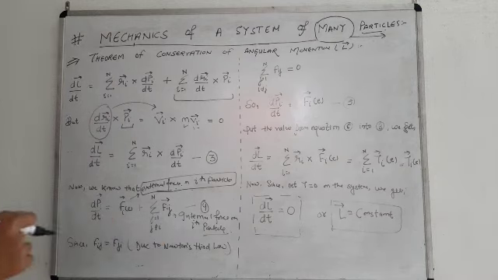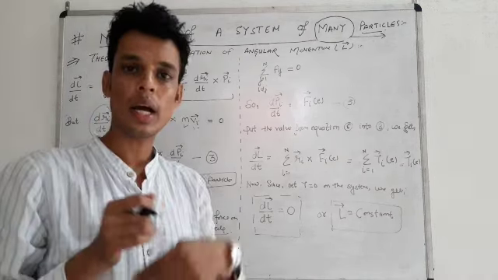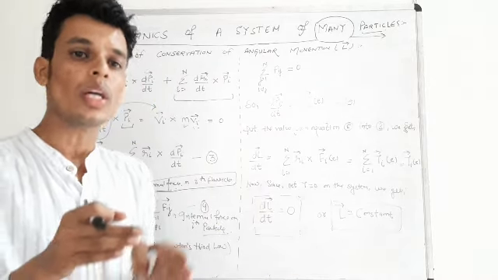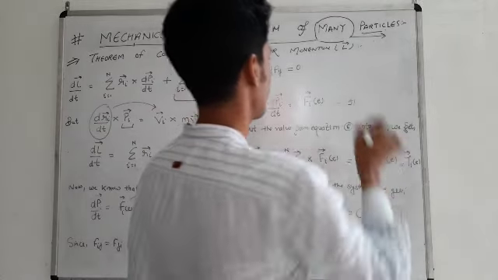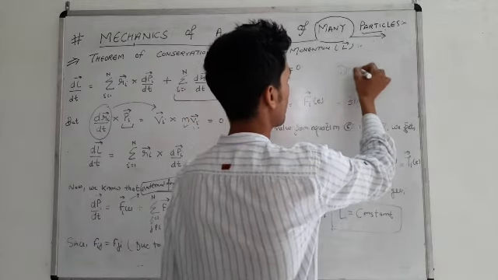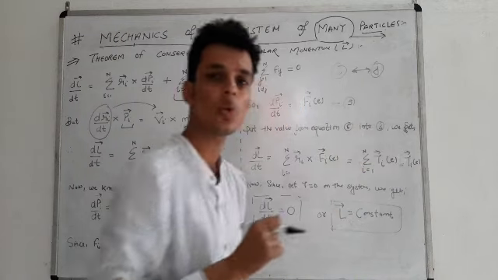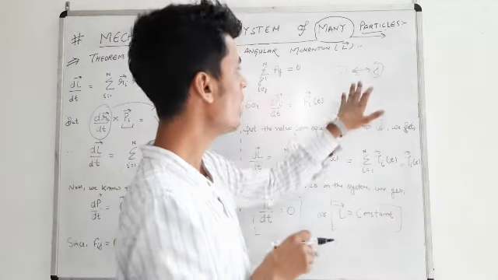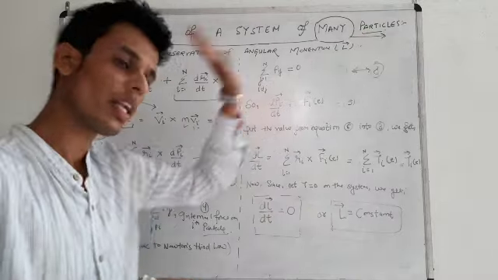Now we know that Fij, the force applied on the ith particle due to the jth particle, will be equal and opposite to the force applied by the jth particle on the ith particle. The ith particle will apply some force on the jth particle and the jth particle will apply the same force back on the ith particle. So they will cancel each other out due to Newton's third law, as we discussed in the last lecture.